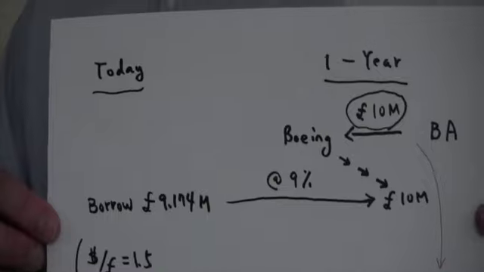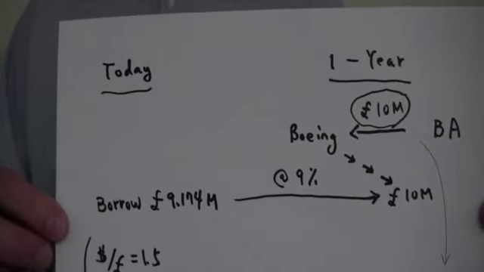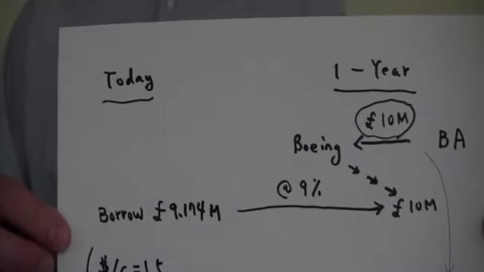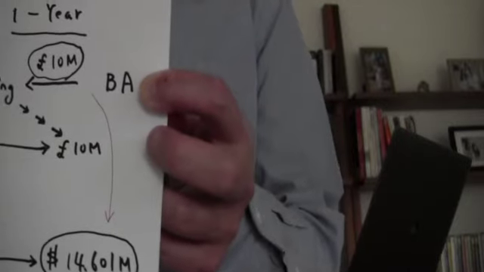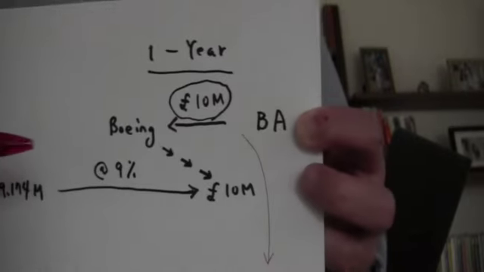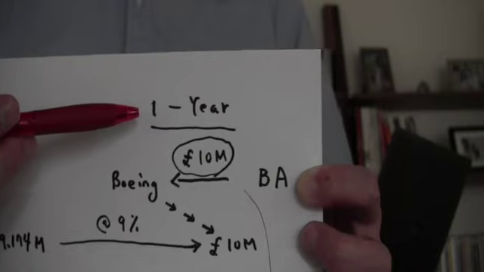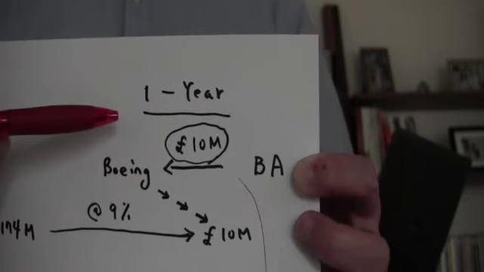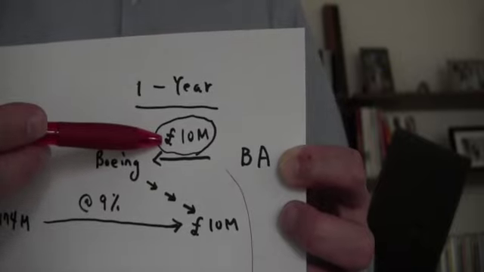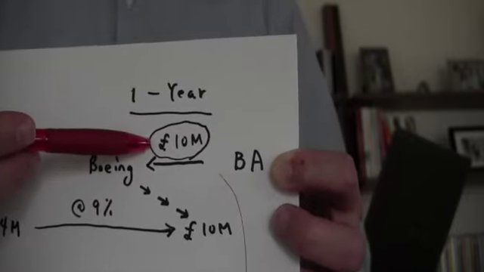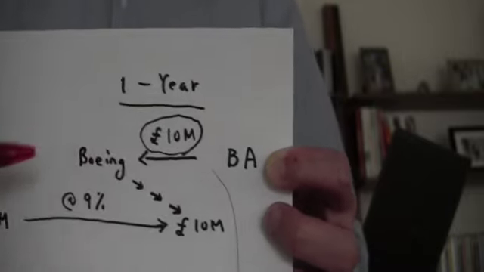So here we have today, and we have a year later. A year later, Boeing would be able to receive 10 million British pounds from British Airways.